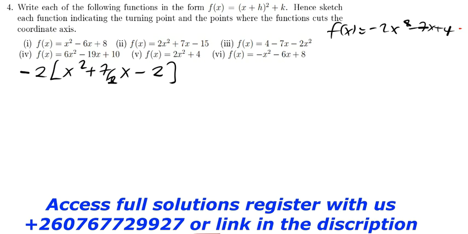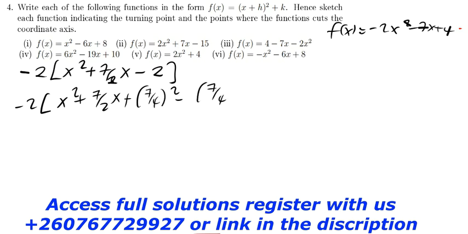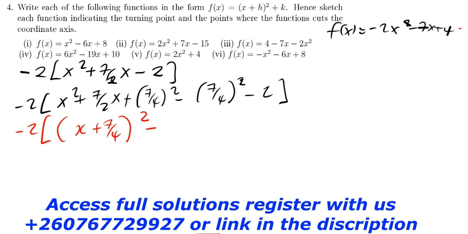So the next step, remember, half of this is going to be, I'll write first the way it is, plus half of that is 7 over 4 squared, minus again 7 over 4 squared, minus 2. Next, negative this x plus 7 over 4, I square it, minus, this is going to be 49 divided by 16 minus 2.